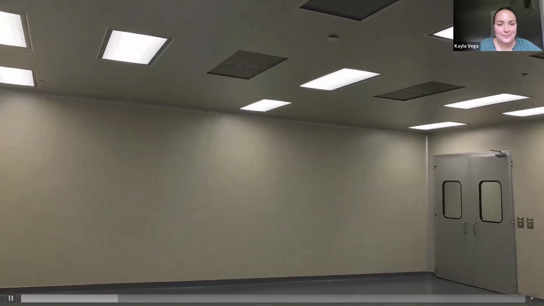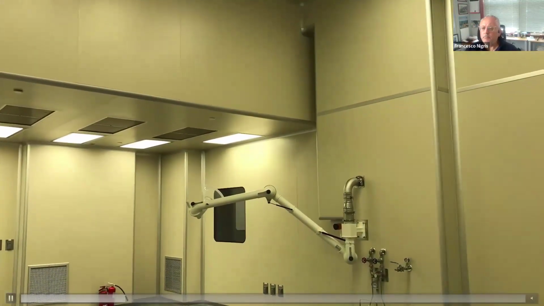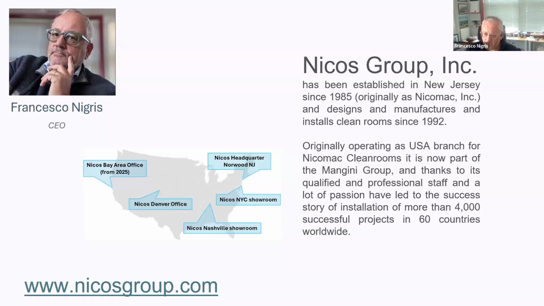Okay. Hi, everyone. My name is Francesco Nigris. I am the CEO at Nicos Group. Nicos Group has been active in supplying and designing a modular cleanroom system since the early 2000s. We've been working in North America with process equipment in the GMP environment for more than 30 years, since 1985.